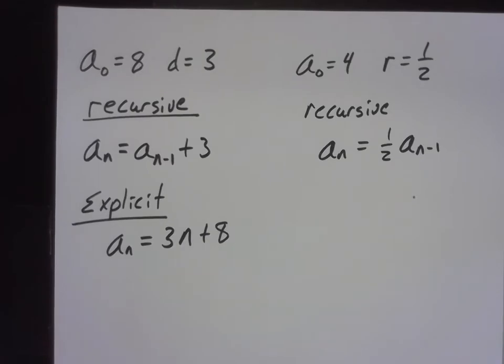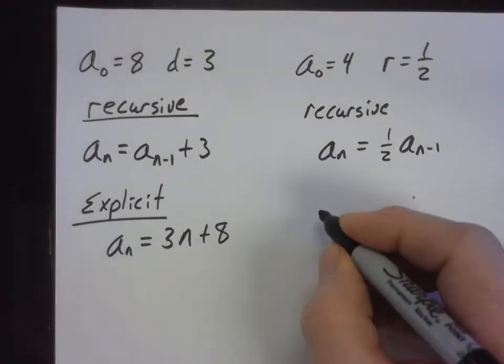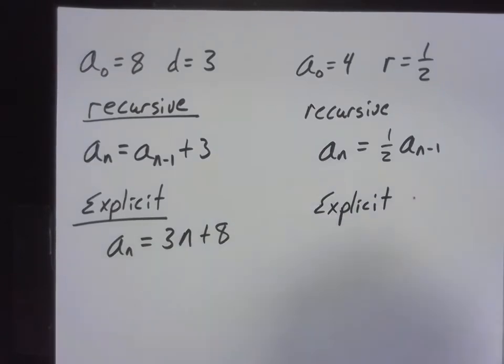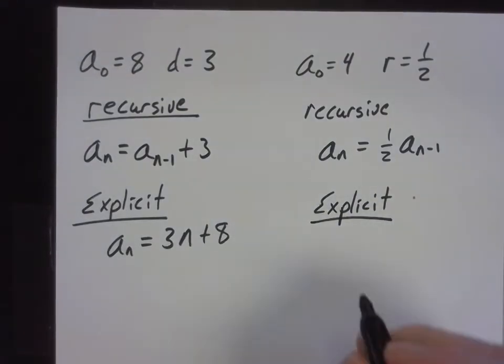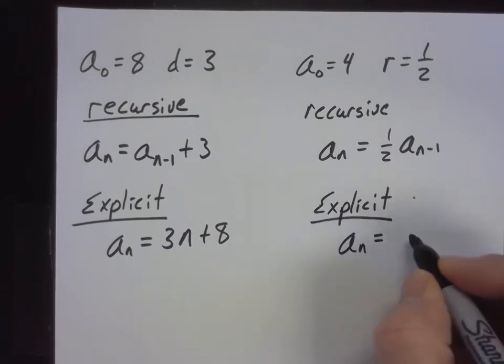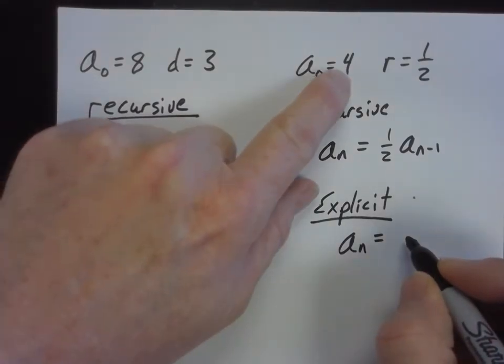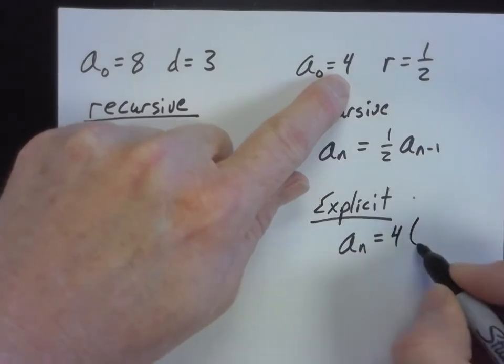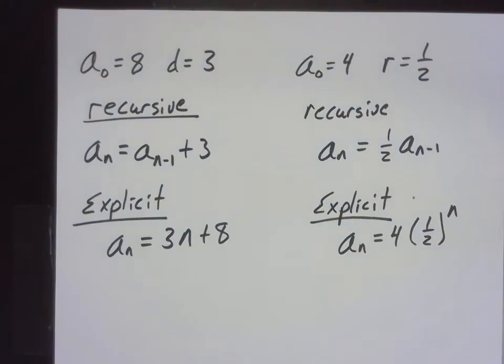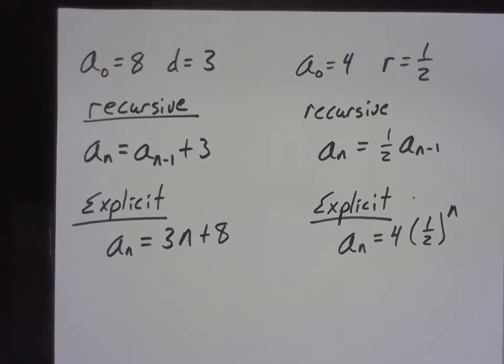And we need to know that because we have to know that common ratio in order to write the explicit rule. The explicit rule, you getting this in your notes? The explicit rule would be a sub n equals the 0 term, the initial amount, times the common ratio to the n power.